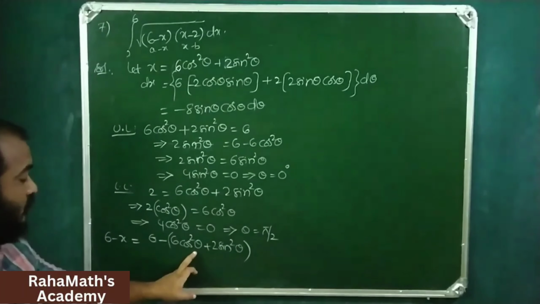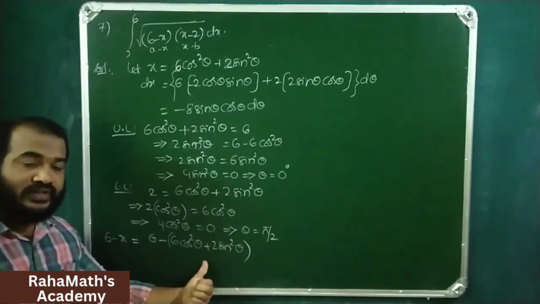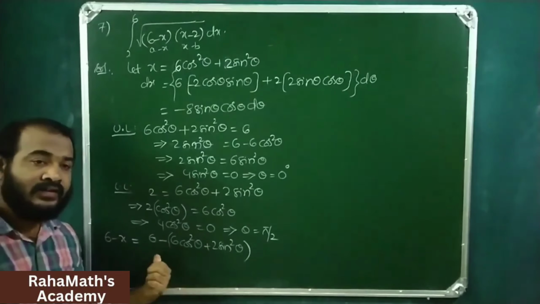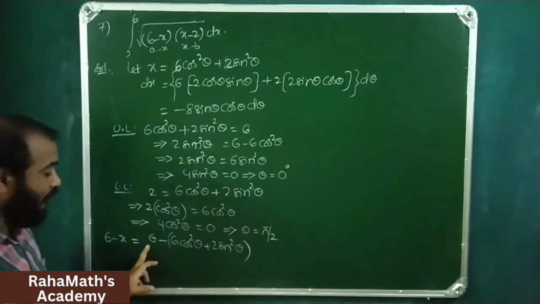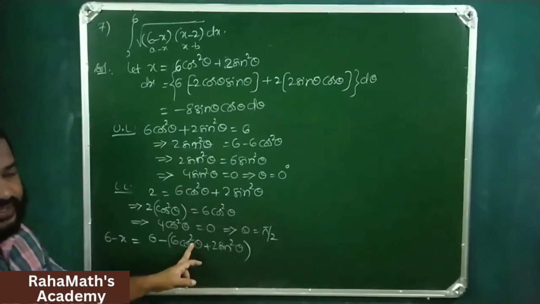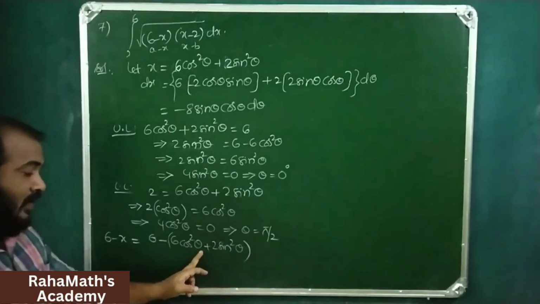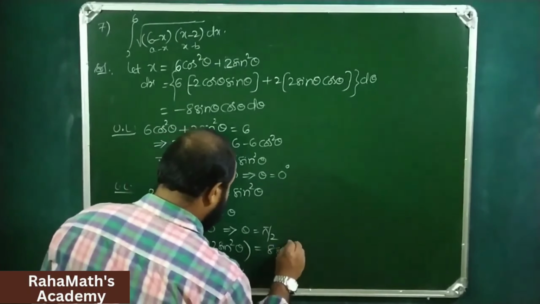That is 6 minus 6 cos square theta, taking 6 common, 6 into 1 minus cos square theta. 1 minus cos square theta is sin square theta. So 6 sin square theta plus 2 sin square theta, this is 8 sin square theta.